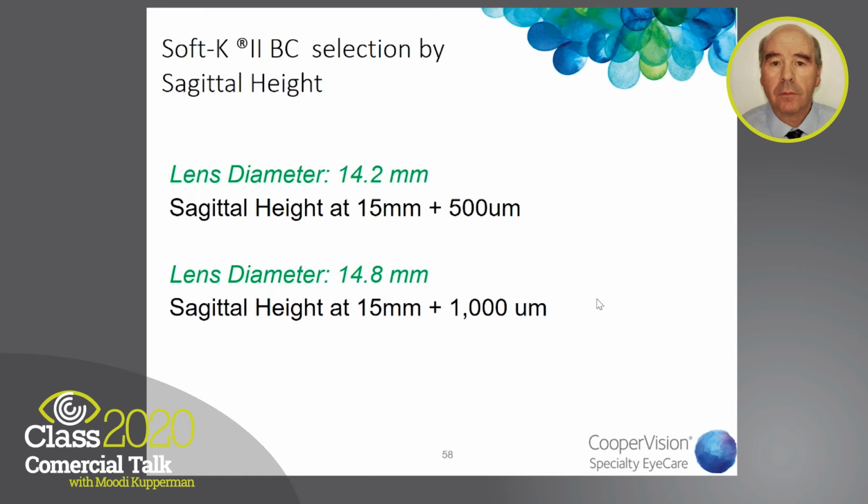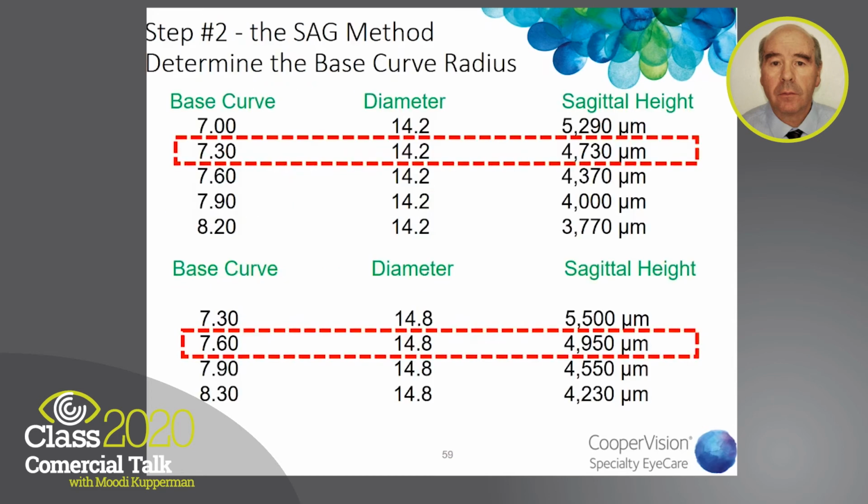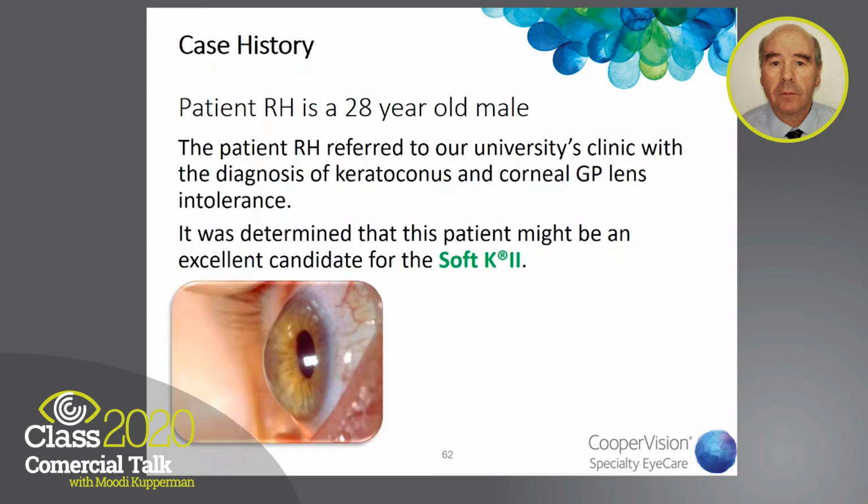We cannot do a fitting without using the trial set, because the final power is very, very important to do with the trial set. It is not a disposable lens. So this is only the first choice. So for 14.2 we get 7.3, and for 14.8 at this SAG we get 7.6, but these are tables that you get.